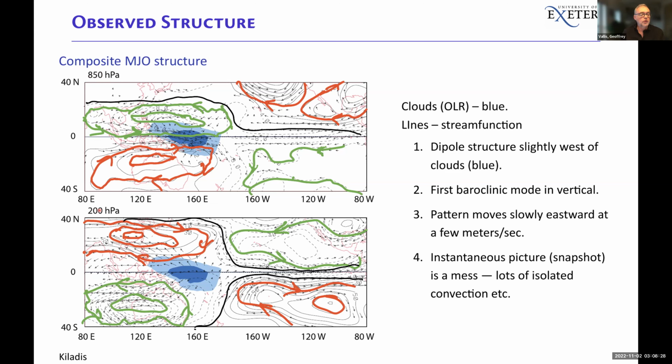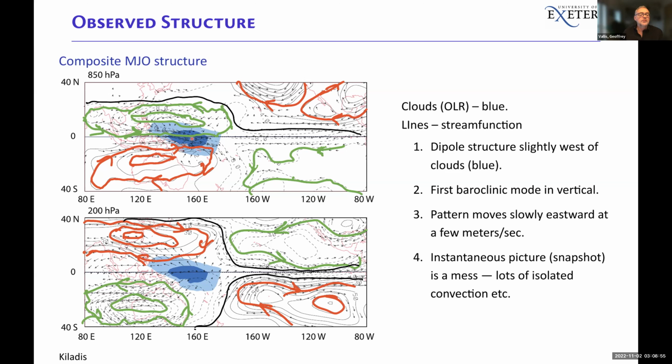The bottom plot shows a similar plot at 200 hectopascals, which is near the tropopause. The green lines and the red lines are my hand-drawn lines over the top of the contours, so you can see the pattern a little bit better. And this blue patch here is where we have lots of precipitation, the center of the MJO.